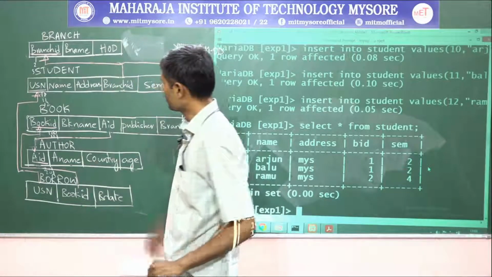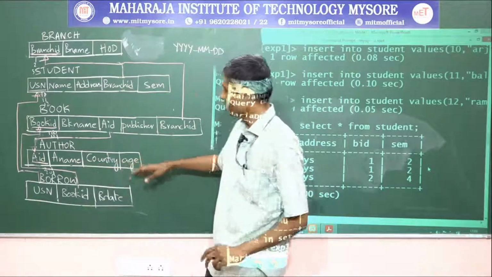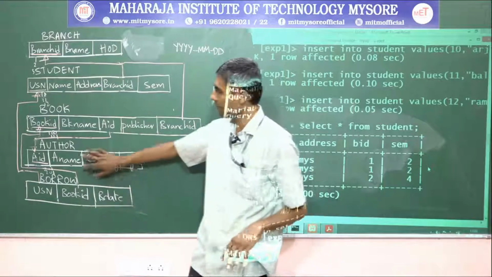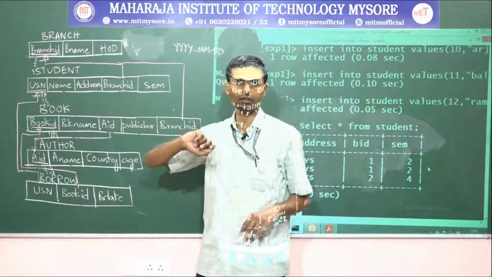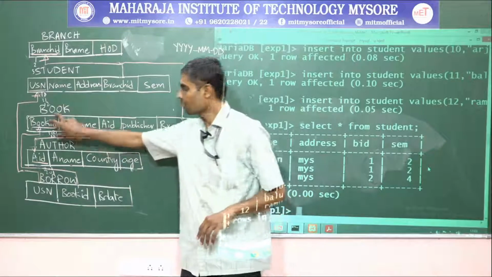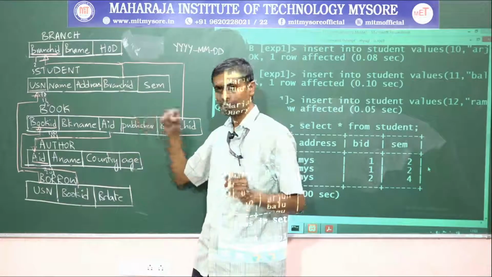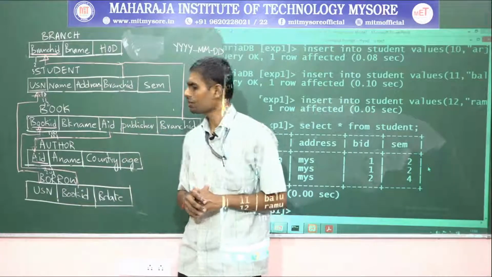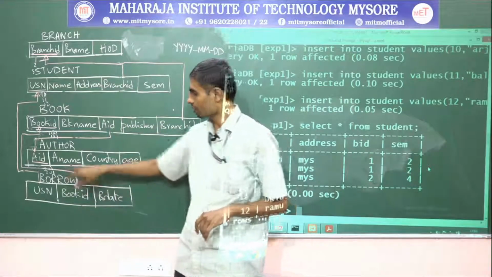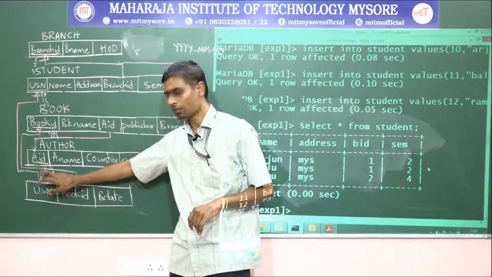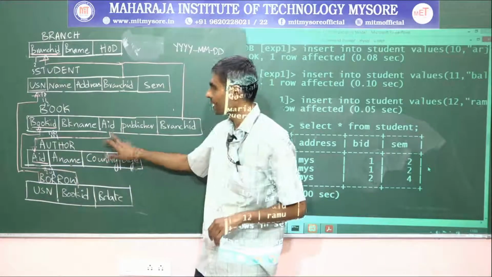Fine. Then after this, let me go with adding one more table. Whether to insert a value for the author table first or the book table first. We can do the book table first, but at that time we need to fill a null value under the column AID. Instead, what is best is to first insert a value for the author table, so that I can take this author ID and write it here, right?